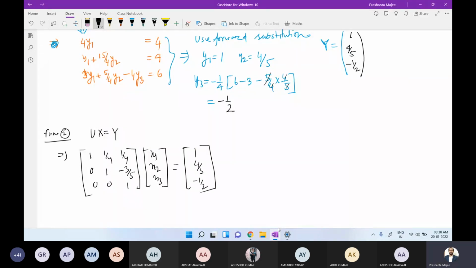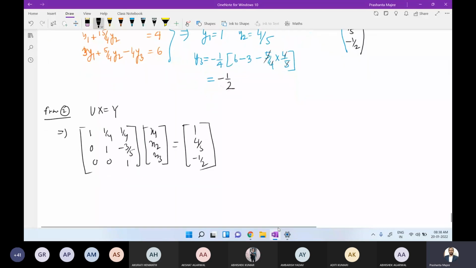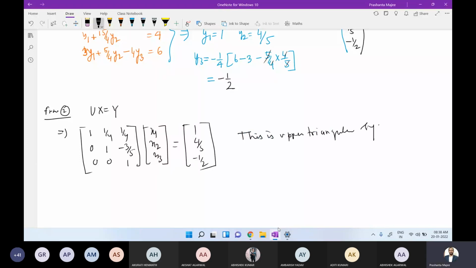So from there, you will get an upper triangular system. Solve it by backward substitution.